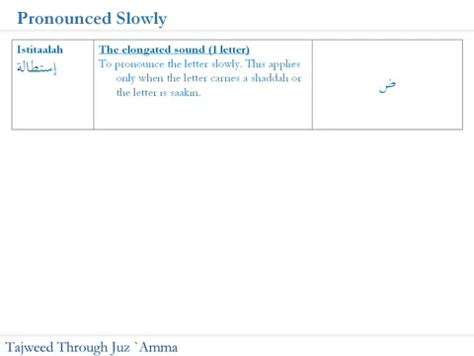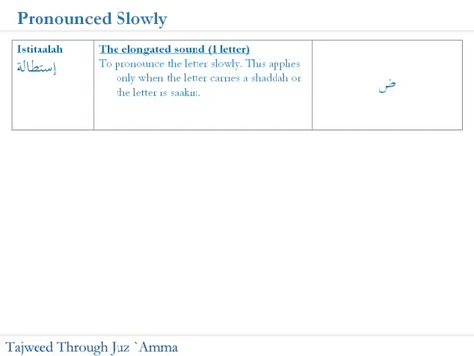Pronounce slowly, then, the elongated sound, known as istitala. To pronounce the letter slowly, this applies only when the letter carries a shadda or the letter is sakin, and this applies to the dad.